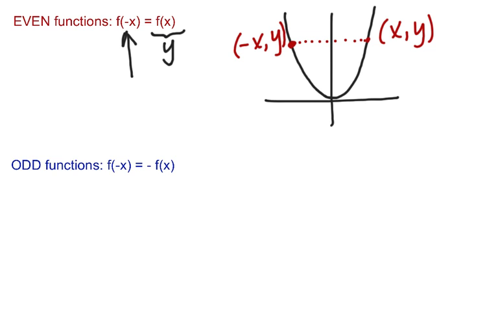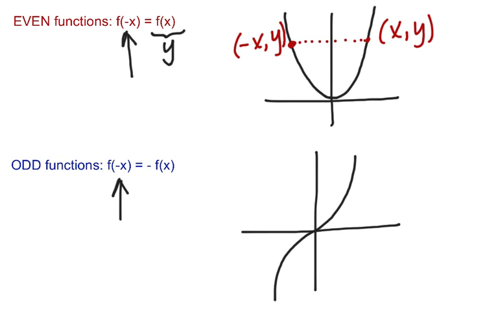So to be an odd function, I'm going to start the test the same way. I'm going to input a negative x value. So take a look at an odd function that would have origin symmetry. If I input a negative x value, then I'm going to get out the opposite y value.